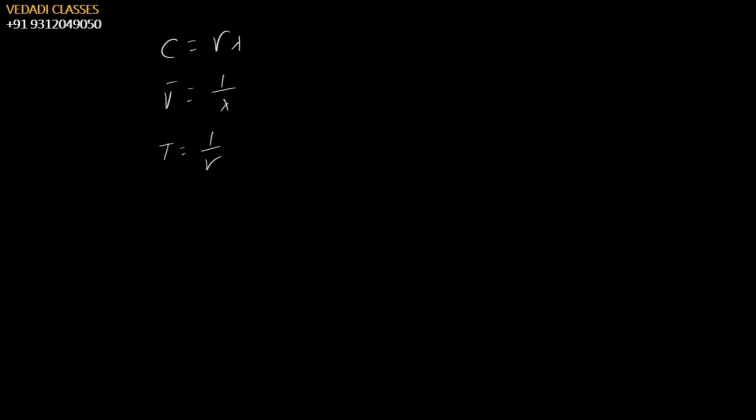These are the formulas on the basis of which different questions can be solved. You should keep in mind the value of c is equal to 3 into 10 power 8 meter per second. So this is the thing regarding this.